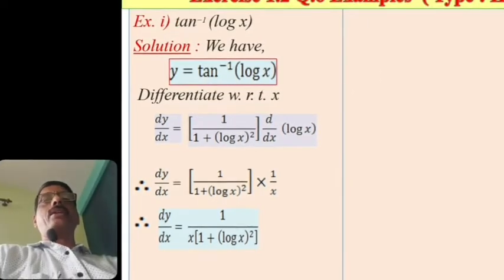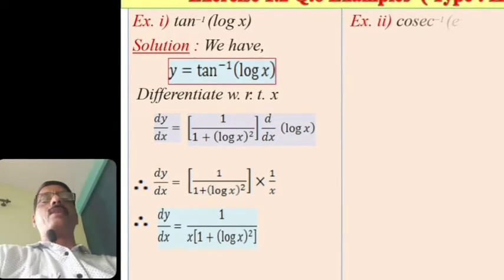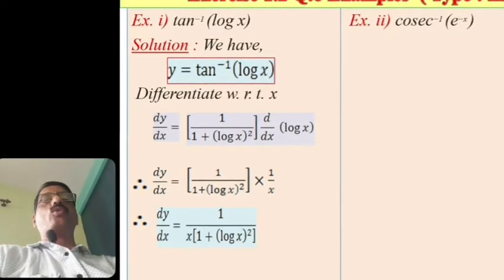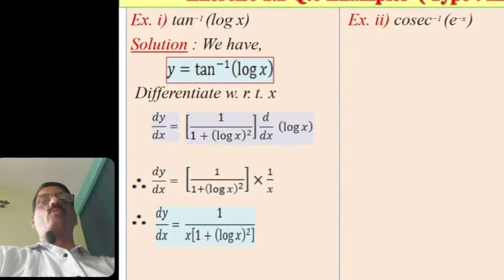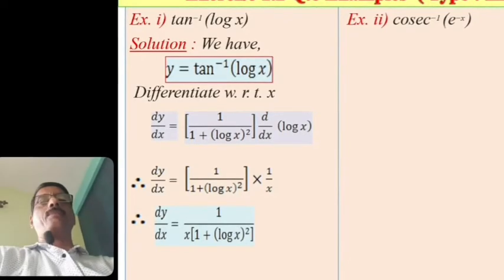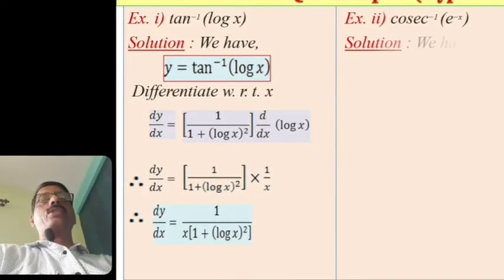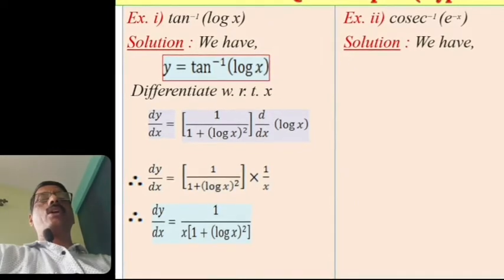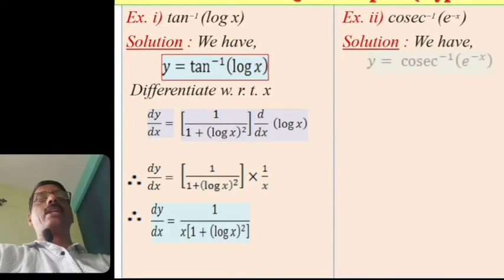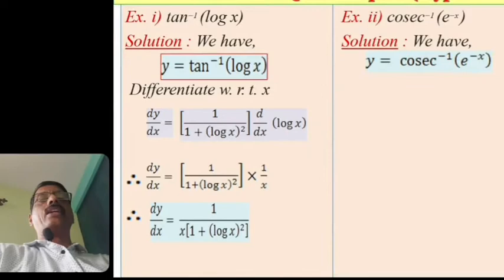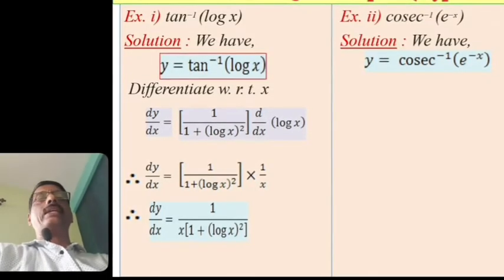Okay. Now taking the second example of the same type, the given function is cosec inverse of e raised to minus x. Here we have to find the derivative of the given function. Same procedure. Solution: firstly take the given function as y equal to cosec inverse of e raised to minus x.